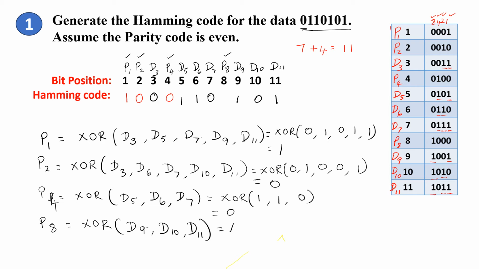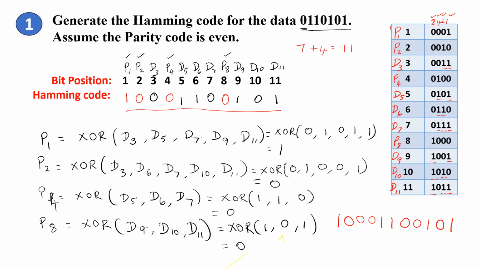So that is XOR of D9, D10 and D11: D9 is 1, D10 is 0, D11 is 1. So an even number of 1s, so the output is 0. So P8 is 0. So this is the Hamming code. The Hamming code is 1 0 0 0 1 1 0 0 1 0 1.